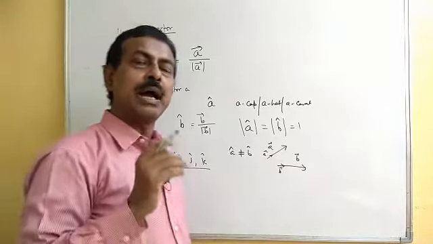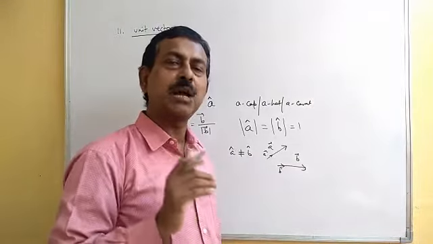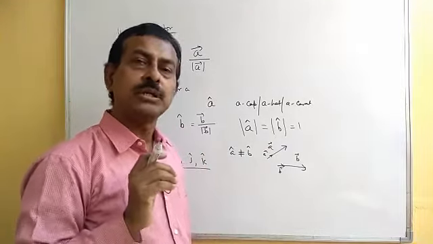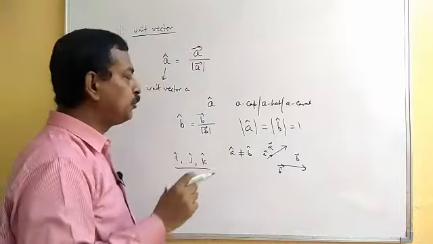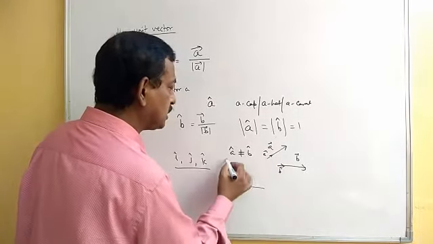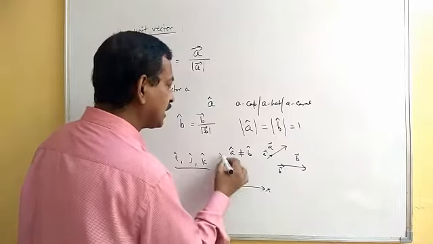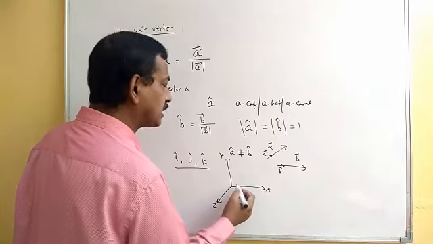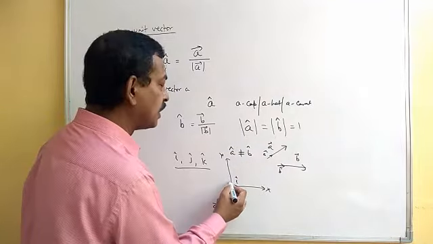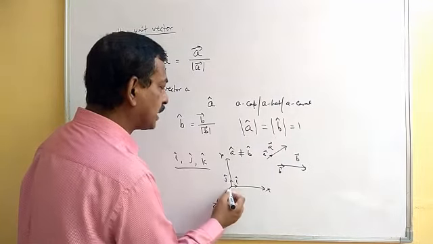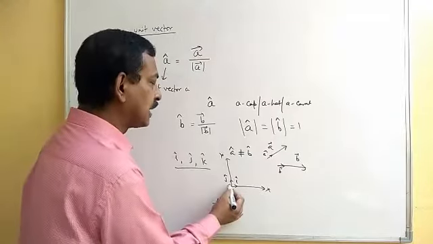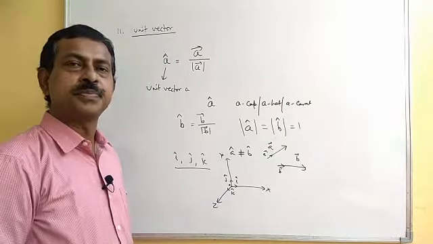I cap is the unit vector along the x-axis, J cap is the unit vector along the y-axis, K cap is the unit vector along the z-axis. If you represent it in the Cartesian system, suppose this is your x-axis, y-axis, and this is your z-axis, I cap will be in this direction along the x-axis, J cap along the y-axis, K cap along the z-axis. So it is like this.